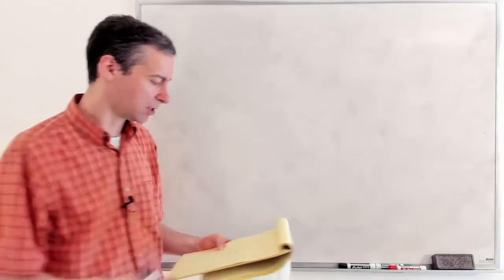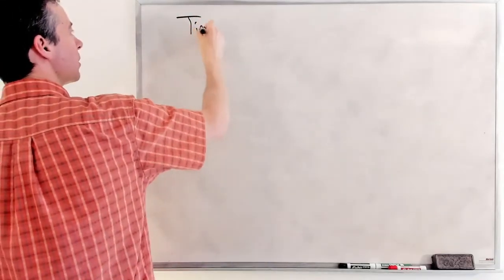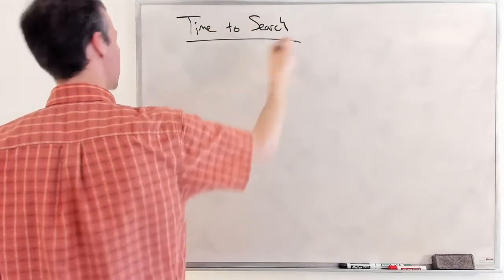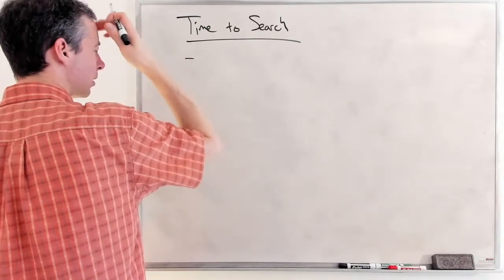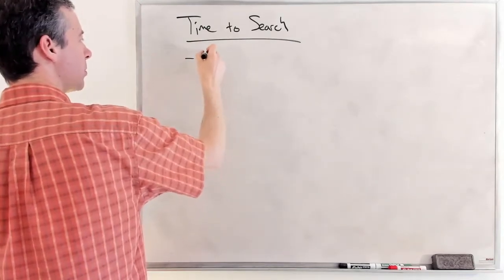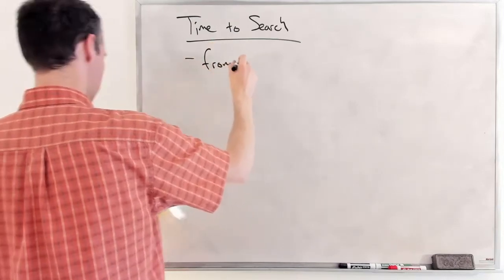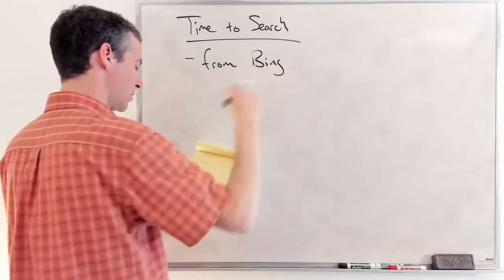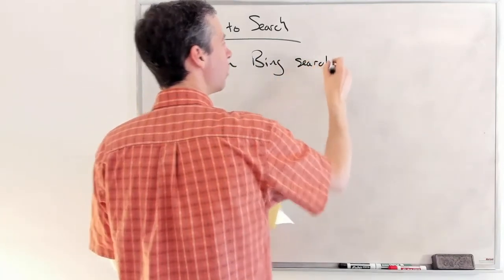And so to find out people's time to search, so how much time they dedicate to this, we had access to an export that had been made available to researchers. It's all anonymized, and we don't know who had done any of this, but this is some basic stuff from a Bing search log. We don't even know the queries, by the way.